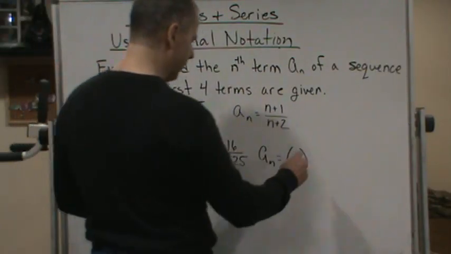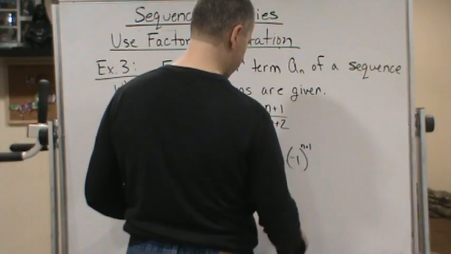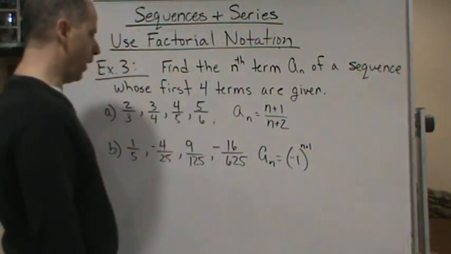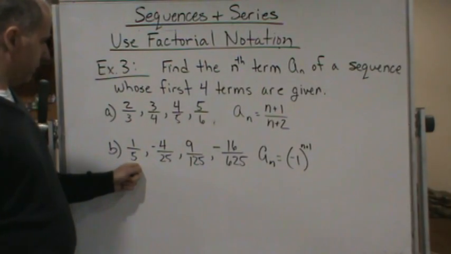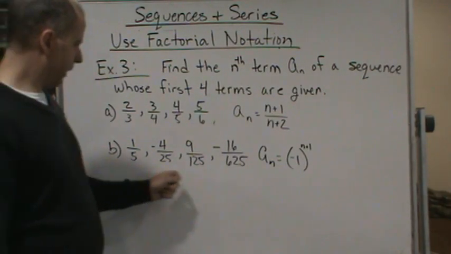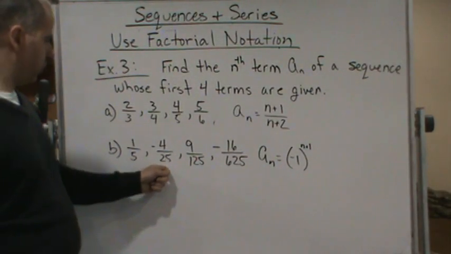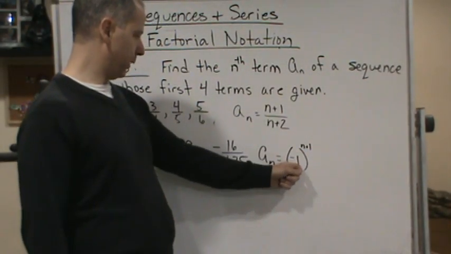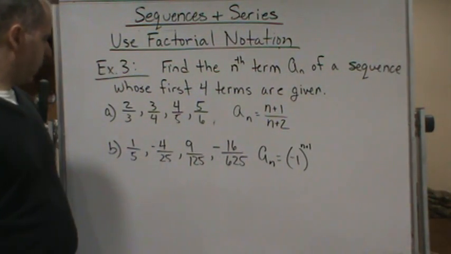So that would mean that this would have to be n plus 1. So if n is 1, then it's going to be an even exponent. When n is 2, it's going to be an odd exponent, therefore giving me a negative, and so on.